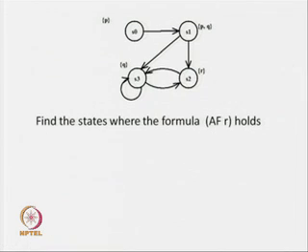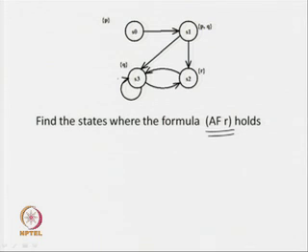Similarly, for the next formula, we are talking about whether in all paths, in the future, R holds or not. Here I have slightly changed the labeling function: in S3 I have only Q. So we are talking about A[F R]. This is the same model with a slight difference.